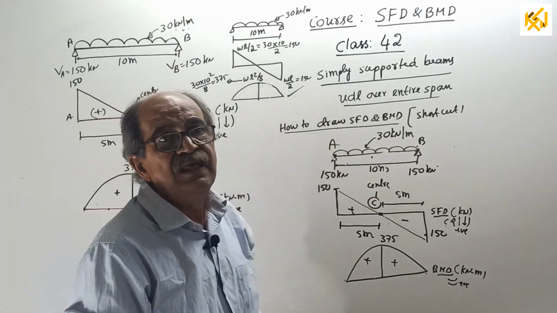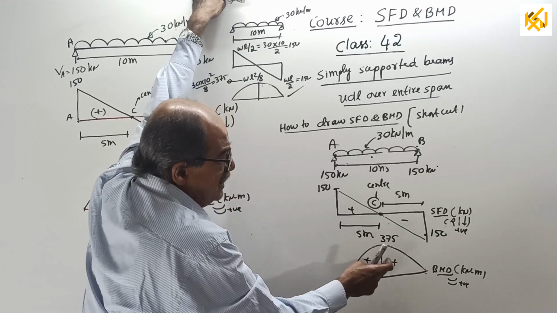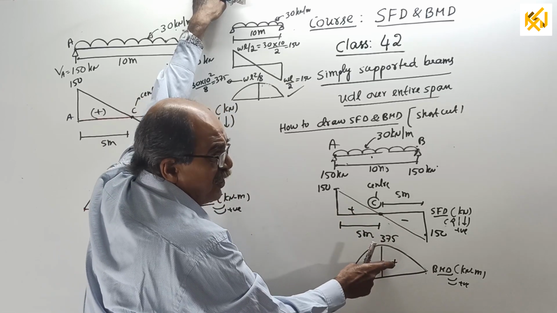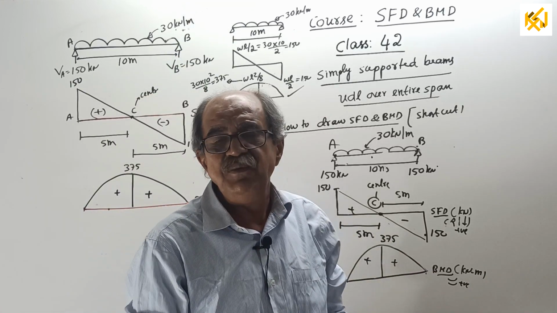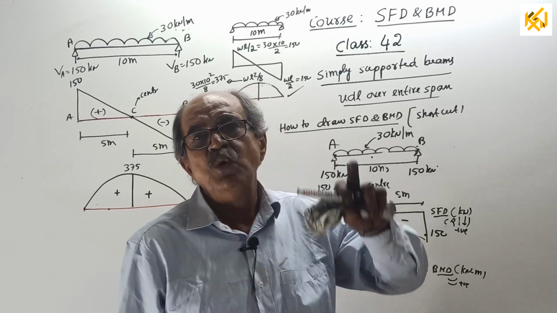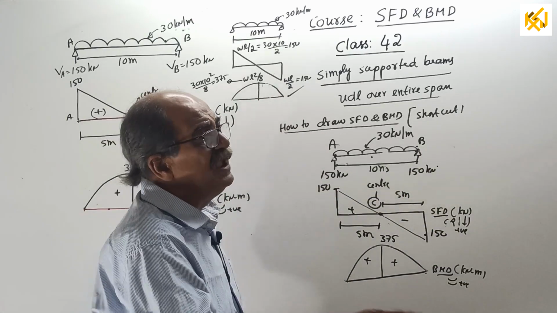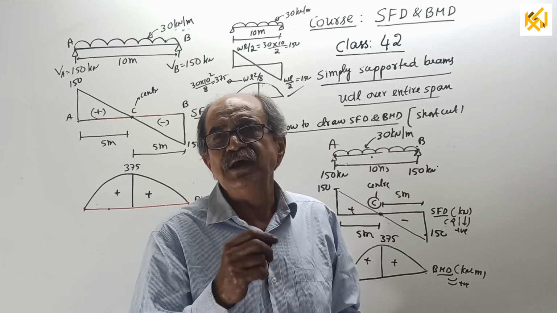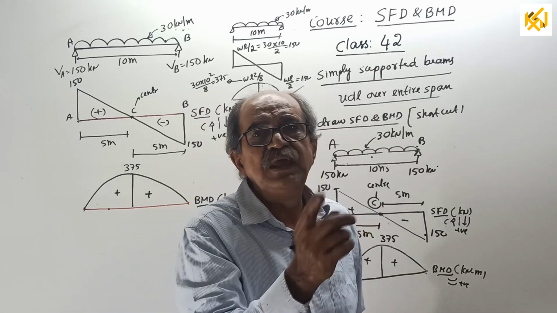But one thing is pending: the area of this BM diagram and locating the CG for full and half area, that I told you I am deriving. I thought of doing that first, but I decided, let me go to cantilever, and a little later you get more and more practice. Then I will tell you how to get area, 2/3 base into height, 5/8, 3/8 for simply supported beam, for cantilever 3/4, 1/4.